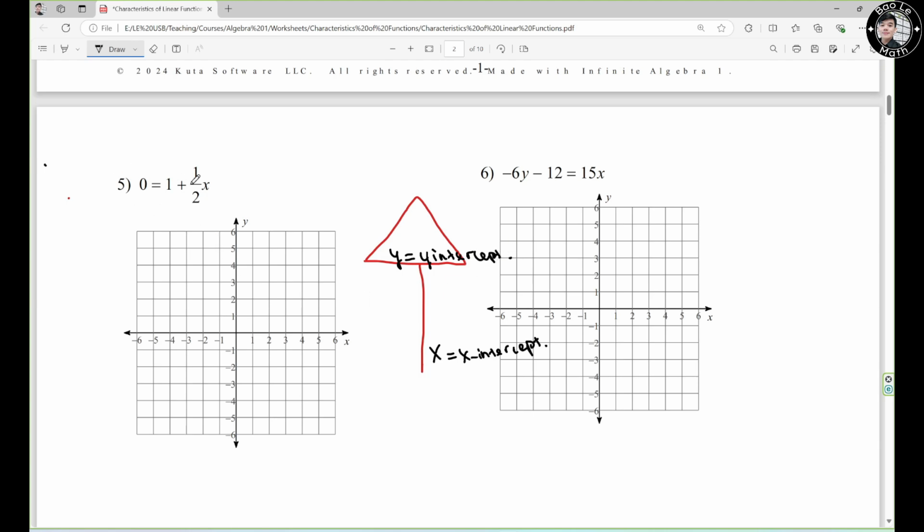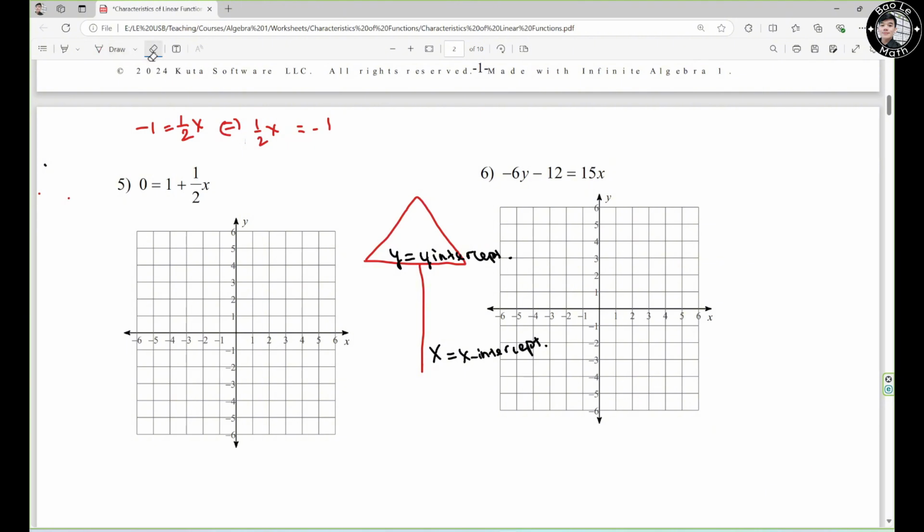Okay, so for this one right here, how do I graph this one? I only see s, I don't see y. So I need to solve for s. I need to subtract 1 from both sides. So it turns out to be negative 1 equal to 1 over 2 s. And I just rewrite this as 1 over 2 s equal to negative 1.